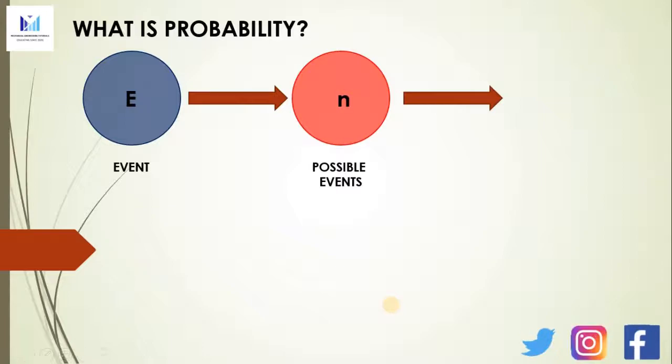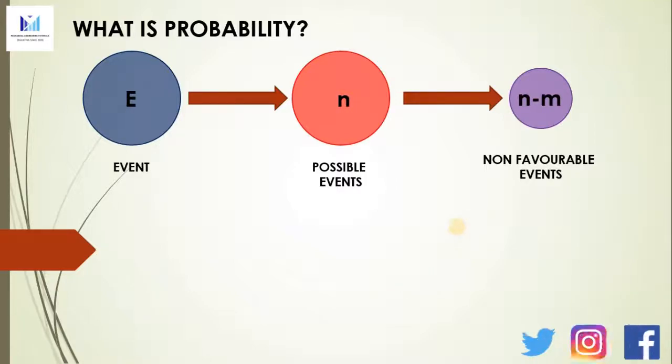Now, when we know that m is the number of happening events, or favorable cases, there will be non-favorable events also. Those non-favorable events are denoted as n minus m. So there can also be a probability of the non-favorable events.